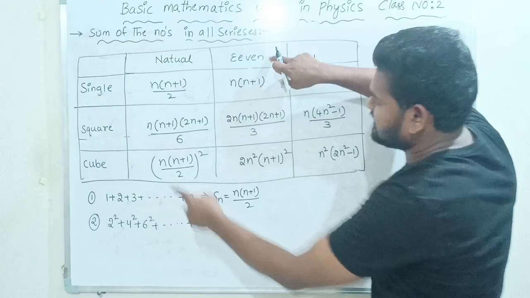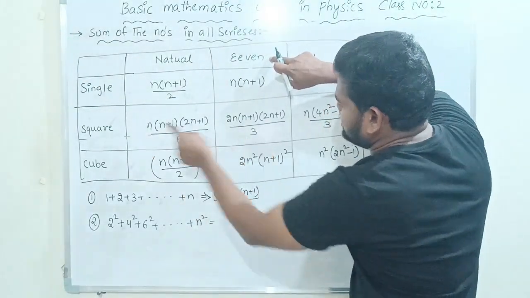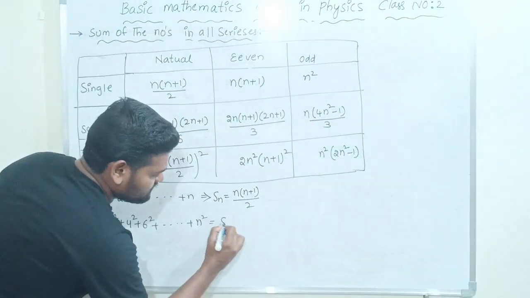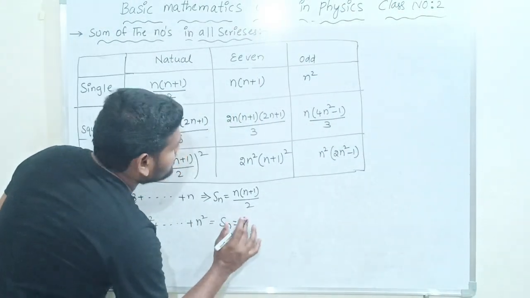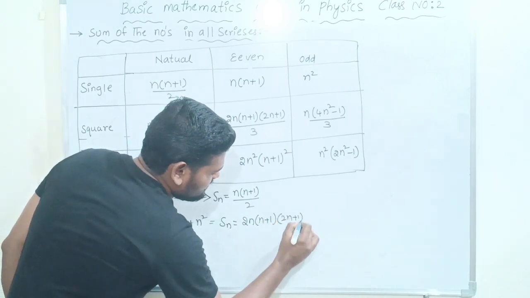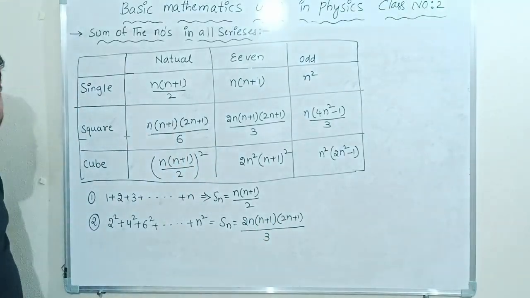So we can write the sum of n terms as 2n into n plus 1 into 2n plus 1 divided by 3.